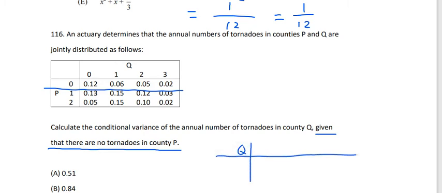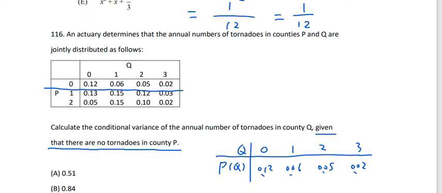Q can be 0, 1, 2, 3, and the probabilities for them are 0.12, 0.006, 0.005, and 0.002.